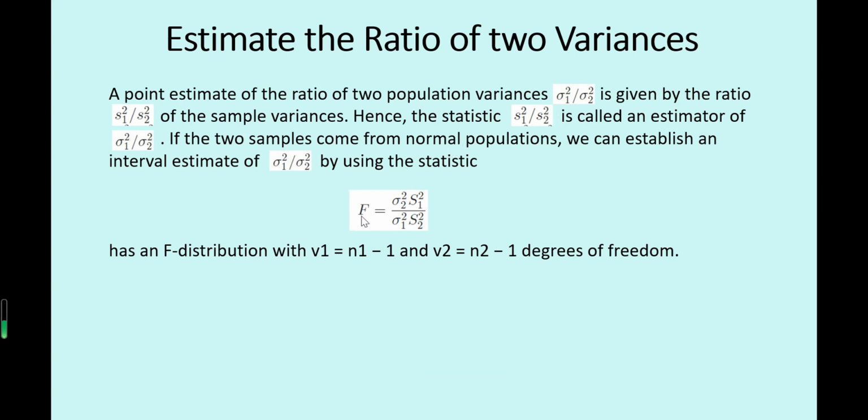Actually the statistic F, which is the ratio of S1 square by S2 square divided by sigma 1 square by sigma 2 square, has an F distribution with degrees of freedom n1 minus 1 and n2 minus 1, where n1, n2 are the sample sizes for these two samples.